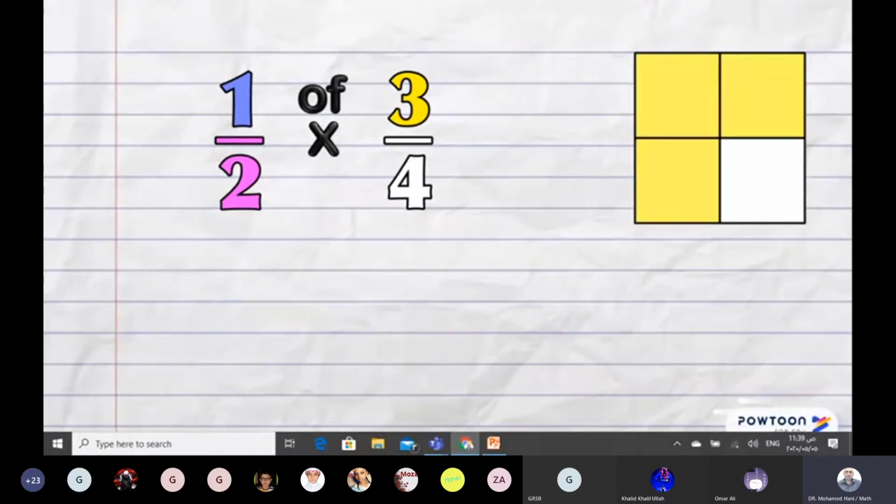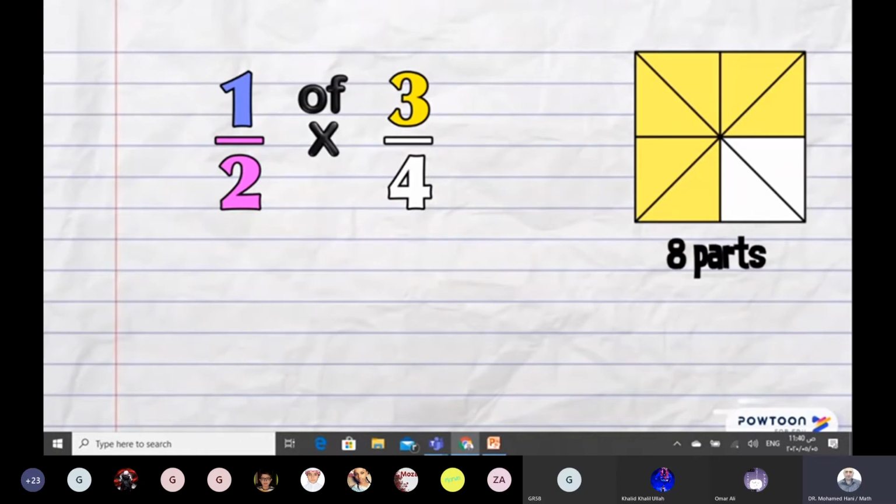This diagram represents 3/4. To find half of everything here, I can cut each piece in half like this. I had 4 parts because it was in quarters, and now those are halved, so I've got 8 parts.